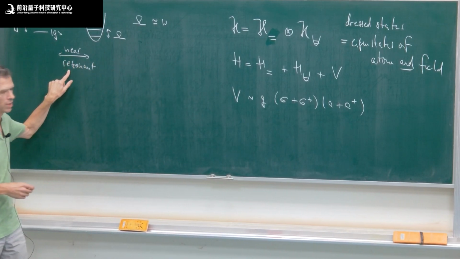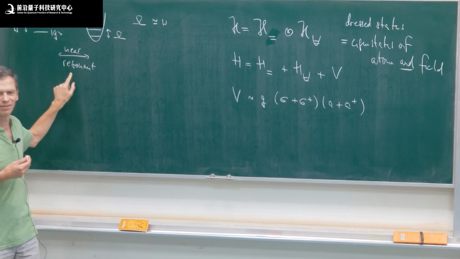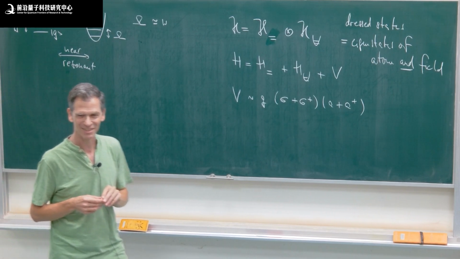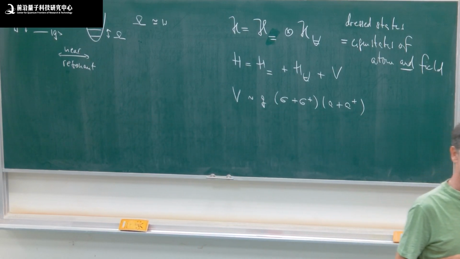And then we took this near resonant coupling seriously. And then what did this earn us, this near resonant coupling? So which approximation were we allowed to do under the assumption of near resonant coupling? Anybody remembers? Some people are looking at their notes.